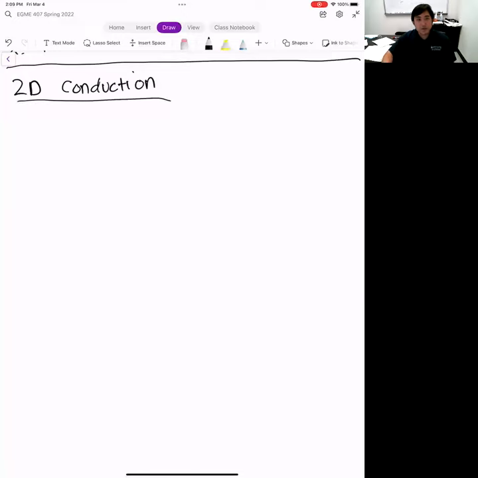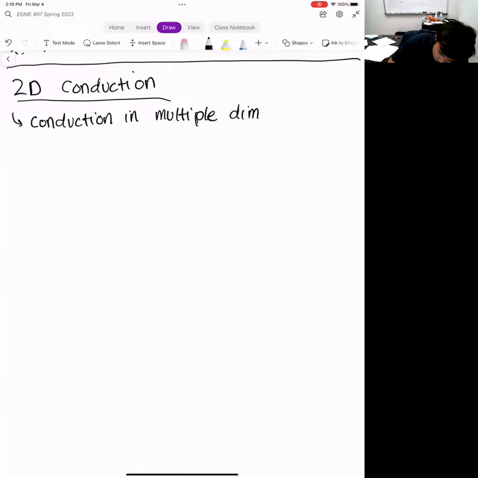All right, so the idea with 2D conduction is kind of what it sounds like from the name. And so it's basically conduction that takes place in multiple dimensions. Okay.